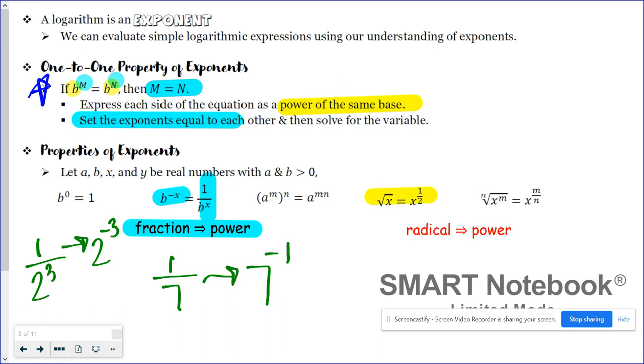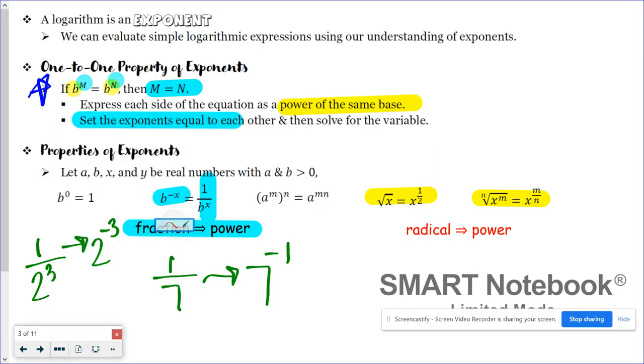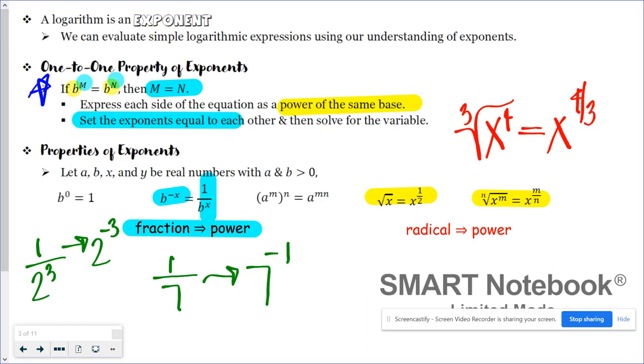So I can basically take the nth root of anything and raise it to a rational power. So for example, if I had the cube root of x to the fourth power, this rational exponent rule is saying I can write this as x to the 4/3 power.